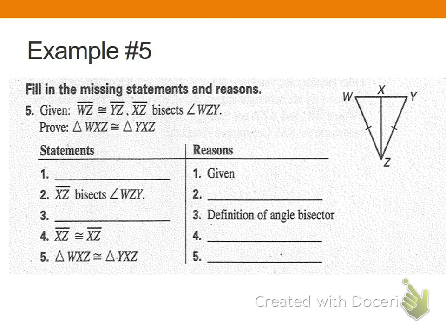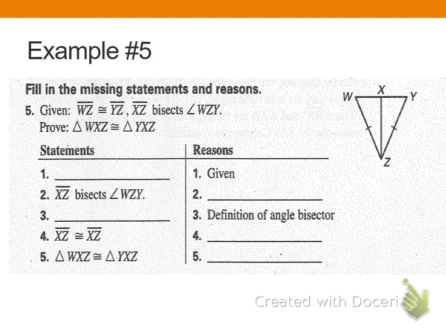This one's not so bad because half of it's filled in for us. So, see, when they set it up, they give you some given information. We are told that WZ is congruent to YZ. That is also already marked for us in our diagram. Sometimes things will be marked for you, sometimes they will not.